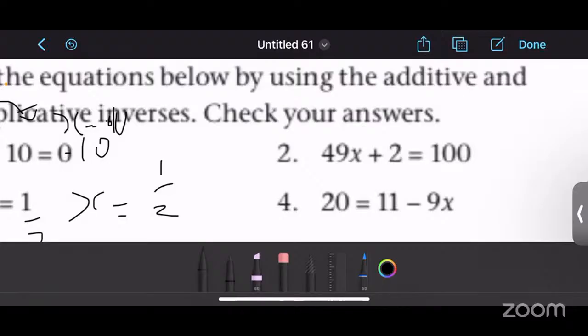So it's going to be 20 minus 11, right? So when you move a number from one side of the equal sign to the other, whether it's moving from right to left or left to right, the rule remains the same. It's going to be the opposite of what it was on the other side. So if it's positive, it's going to be a negative. If it's a negative, it's going to be a positive.